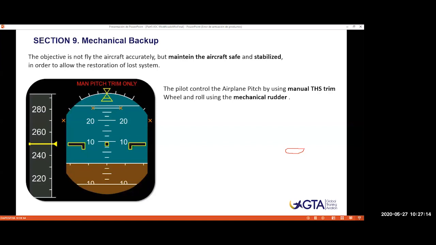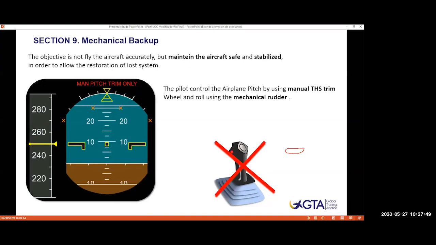Now the next step, if for any reason we lose all the control computers of the surfaces, we enter what we call mechanical backup. This is a very dramatic situation, and it is not meant for flying the aircraft and trying to land.